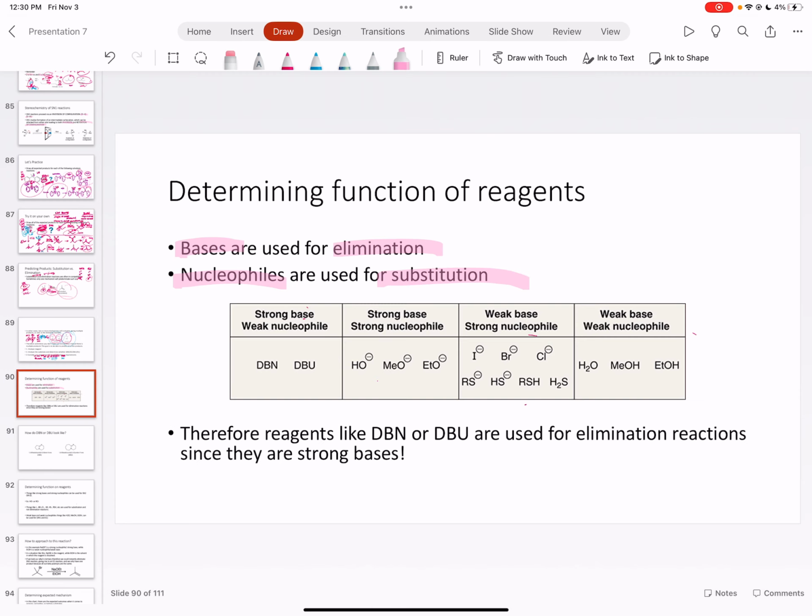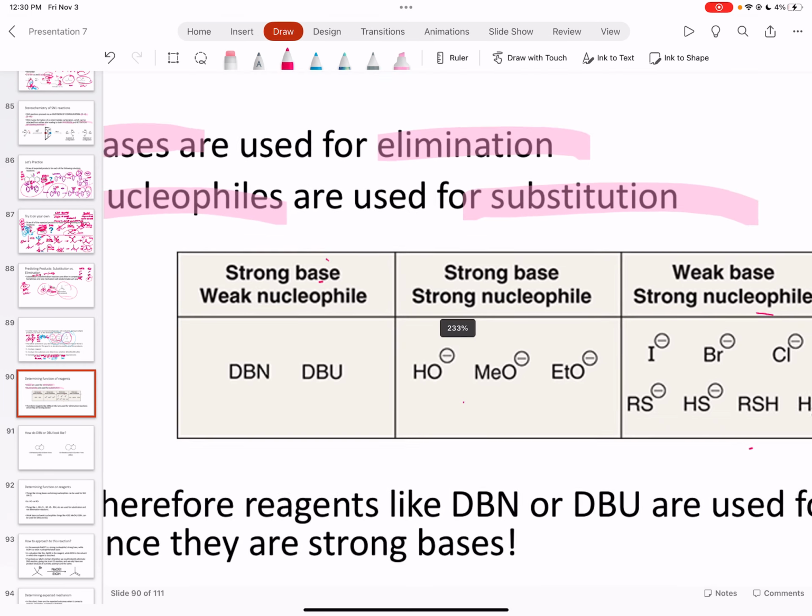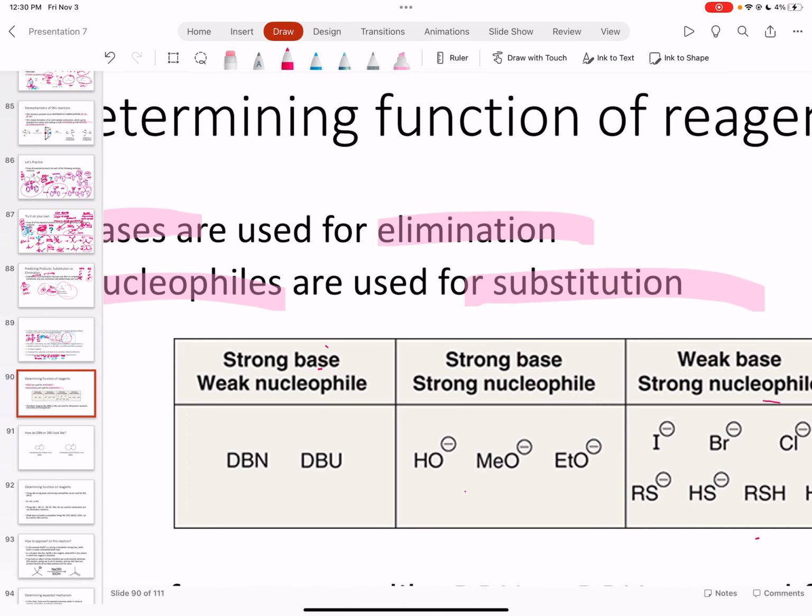So things like DBN or DBU are really bulky, which makes them a strong base. Being a strong base, we know that elimination reactions work with bases, and we know that substitution reactions work with nucleophiles.